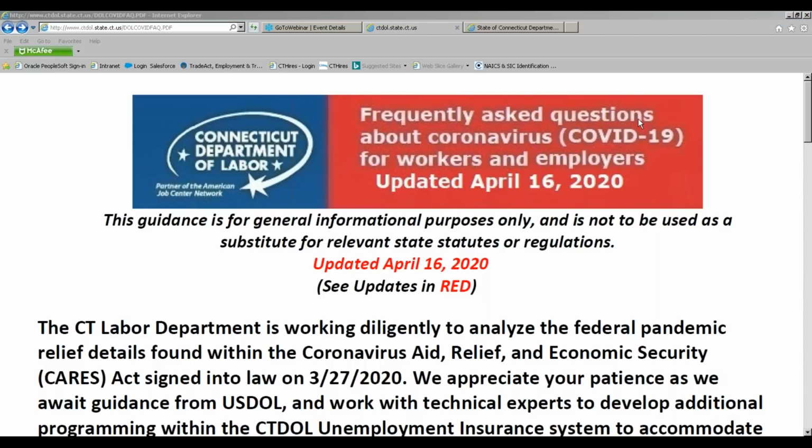Greg, if I worked in another state, how does that work? If you have no work history in the state of Connecticut, and you're living in Connecticut and may have worked in Massachusetts, New York, Rhode Island, just as examples, you would probably go to the Department of Labor website in those particular states.